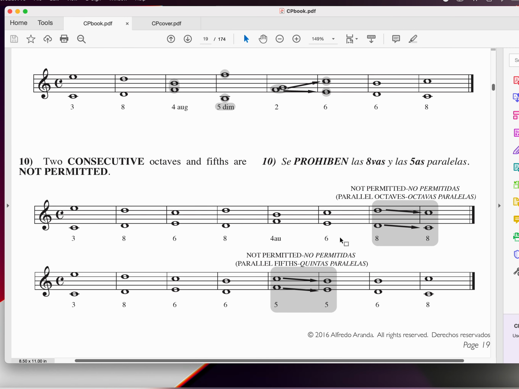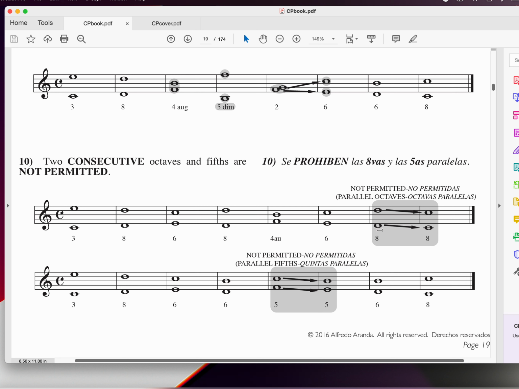The first, the fifth, and the eighth are intervals that are not so pretty when you have many of them one after the other. They're very hollow intervals, and that's why they are not permitted when you have two consecutive octaves or fifths.